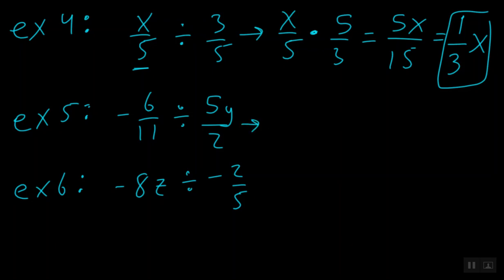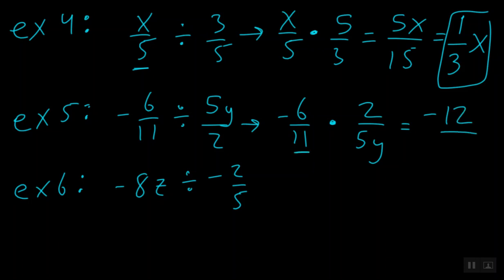Okay, let's take a look at example number 5. I keep my negative 6/11 the same. I change my division to multiplication. And wait a second, what is the reciprocal of 5y over 2? Well, that's going to be 2 over 5y. And this is weird. Now our variable is in the denominator, and that's okay. So here we have negative 6 times 2 on the top will be negative 12 over.